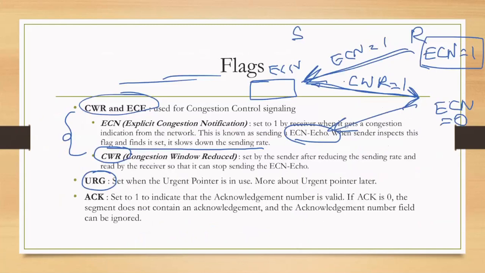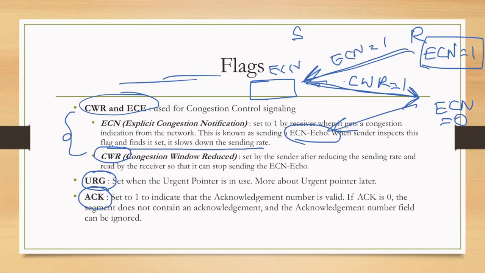Then we have ACK. ACK stands for acknowledgement. So this is simple. If this is set to 1, that means that the acknowledgement number is valid. And if ACK is 0, that means the segment does not contain an acknowledgement, and so if there is any value in the acknowledgement number field, then ignore it.